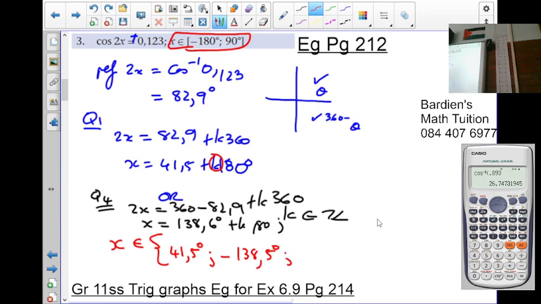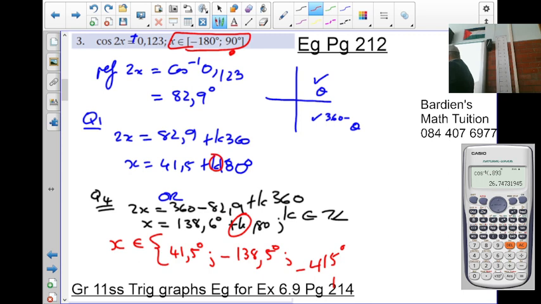Now we put 0 in here. What do we get? 138.6. Is that inside or outside the given domain? Out. 138 is definitely outside because here we're stopping at 90. So let's put minus 1 in. Negative 41.5.